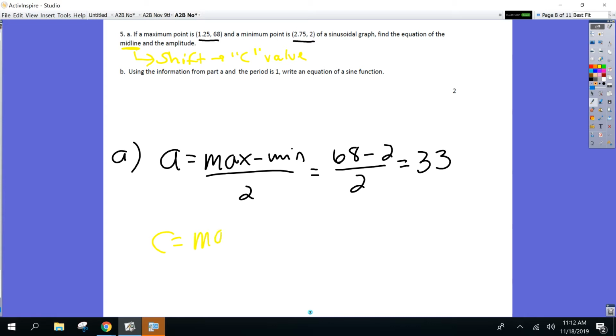Yep, max plus min divided by 2. Same two numbers, except I'm going to add them together. 68 plus 2 over 2. And my C value, 35. Any issues here?